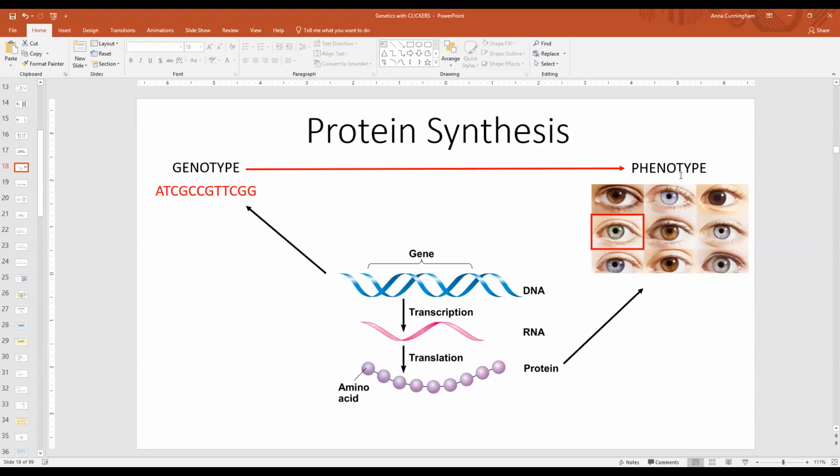We already went through the first part of this, so just a reminder that we go from the nucleotide sequence of DNA, our genome, and then we make a copy of that nucleotide sequence in the form of RNA. Specifically, this is mRNA, or messenger RNA. And then what we're going to talk about today is how we take that mRNA and read it into protein.